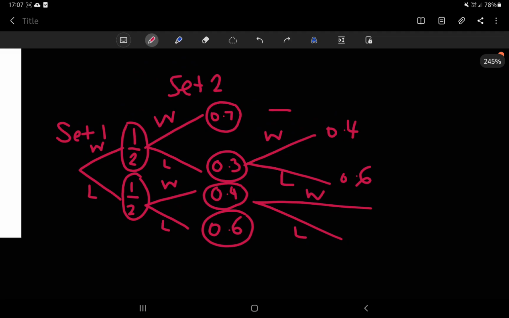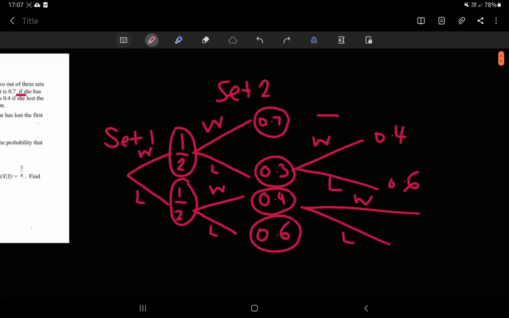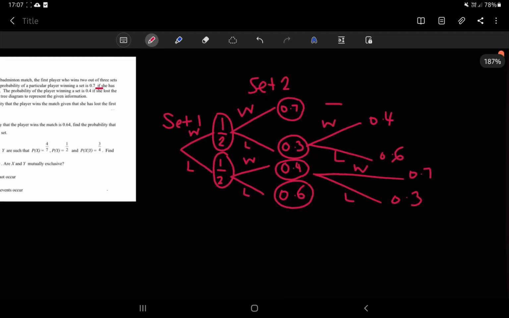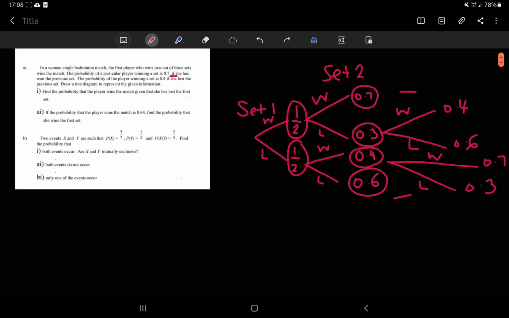Because she won the previous set 2, the probability of winning is supposed to be 0.7. Then the remaining is 0.3, but it doesn't matter because you don't have to consider it if she wins the game. And the last branch you don't have to consider because she already lost the game, so there is nothing to do.